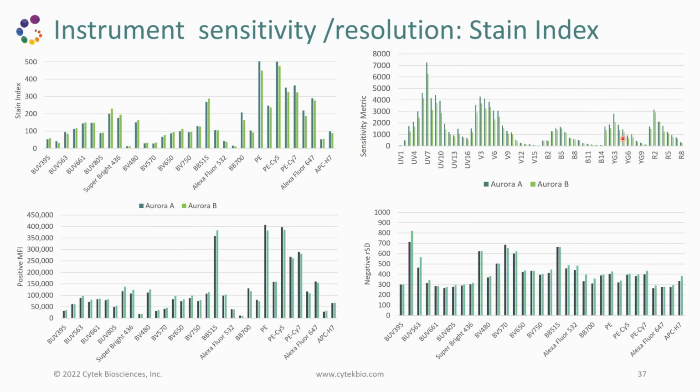A higher sensitivity number means that you have more resolution. And no surprise, that metric correlates with what we see in the stain index, because we're measuring the same thing, signal versus noise. Here using fluorochrome-labeled particles, here using our QC particles. So take a look at that sensitivity metric. If you have various instruments, it will help you understand what differences in performance you have between the different units you're comparing.